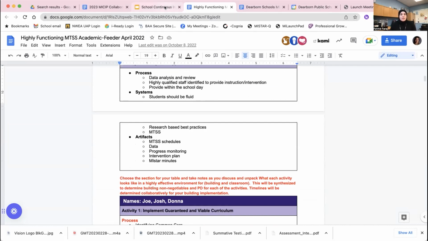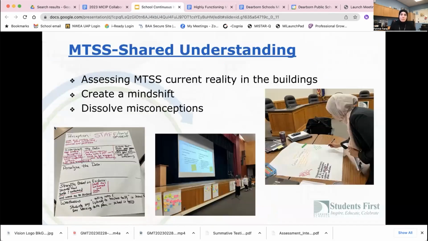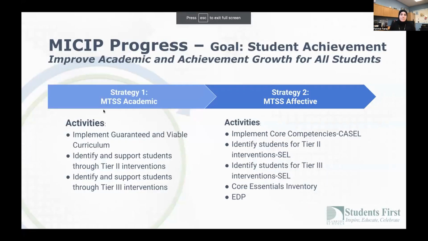So if we go to the next slide, you will see that the two strategies are MTSS academic and MTSS affective. We went back to the principals group and their leadership teams from the buildings, examined what the proposed strategies were by the MTSS, by the MICIP committee, and then went back and forth to refine these.